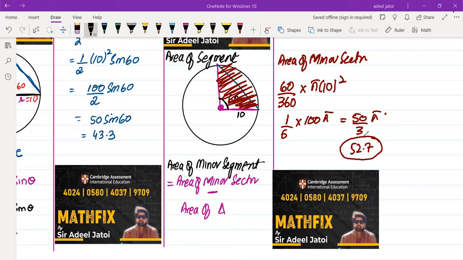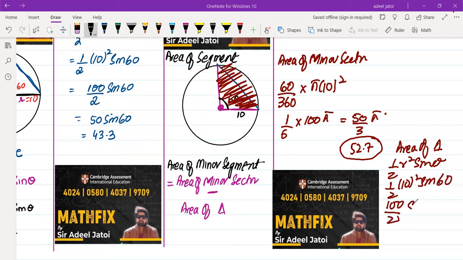We also calculated the area of the triangle previously. The area of the triangle was half r square sine theta, half 10 square sine 60. So this was 100 upon 2 sine 60, which was 50 sine 60, and the answer for this was 43.3.